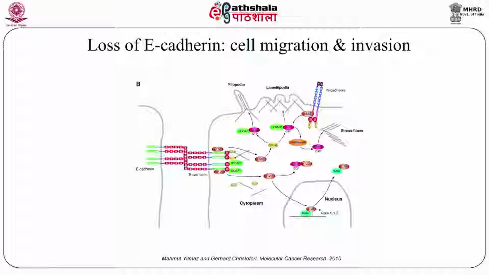RAC1 and CDC42 in turn repress RhoA activity through the p190 RhoGAP and inhibit IQGAP1 by binding to it. Together, these activities induce reorganization of the actin cytoskeleton and the migratory behavior seen in tumor cells.